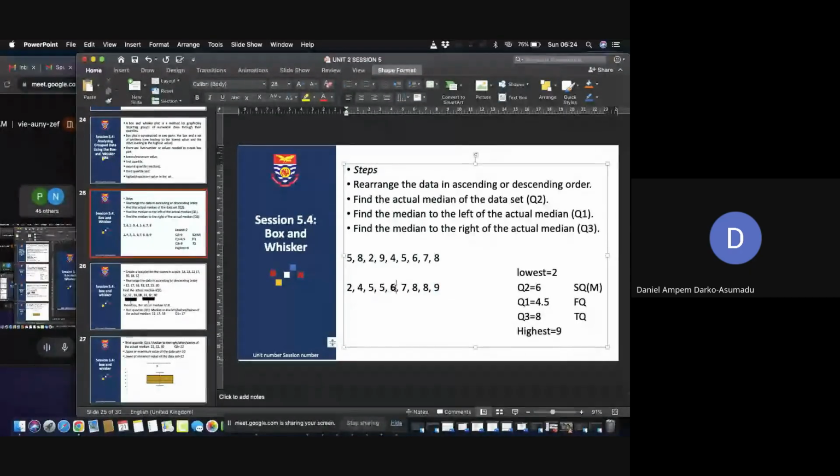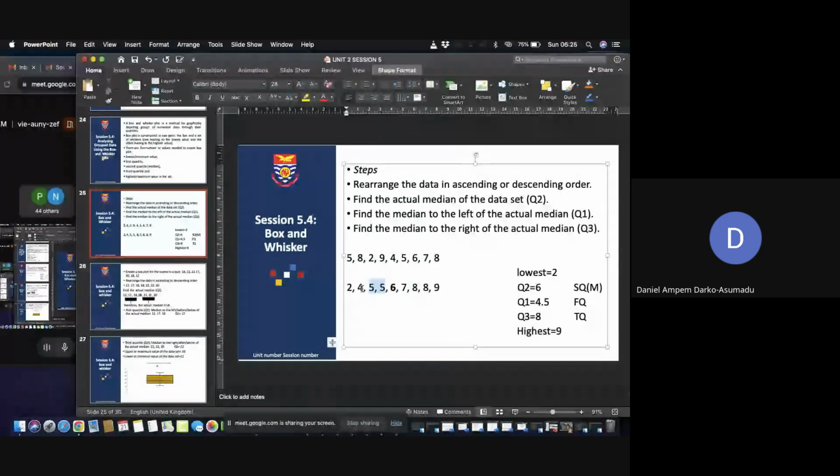So once we have found the actual median, Q2, what is the median to the left of it? To the left side, you have to find this median, then you find the median to the right side as well, which will be Q3.